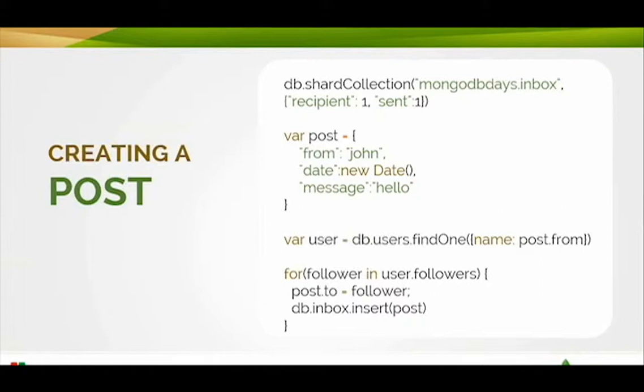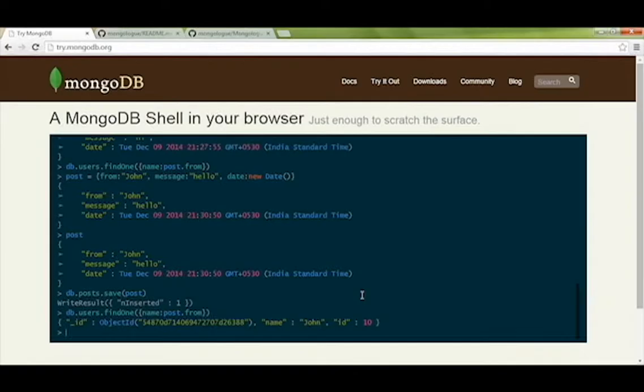So now the next operation that we would need to perform when we actually create a post is that we would need to put all the copies of this post into each follower's inbox. So let's say that Doe, in our earlier example, is creating a post.